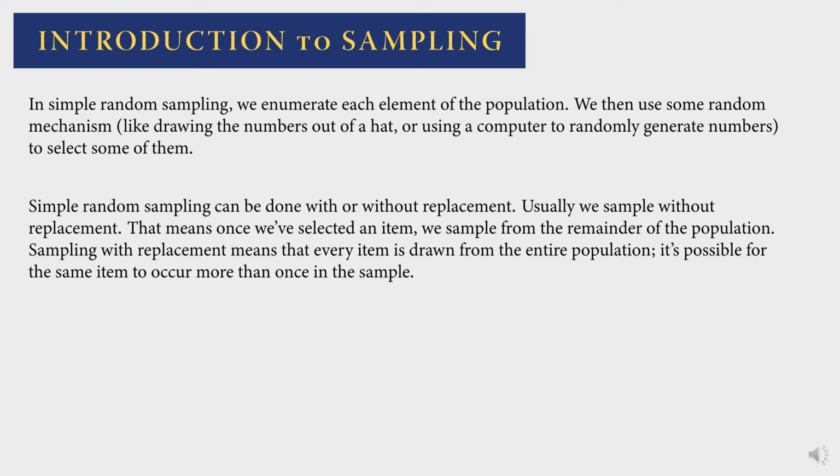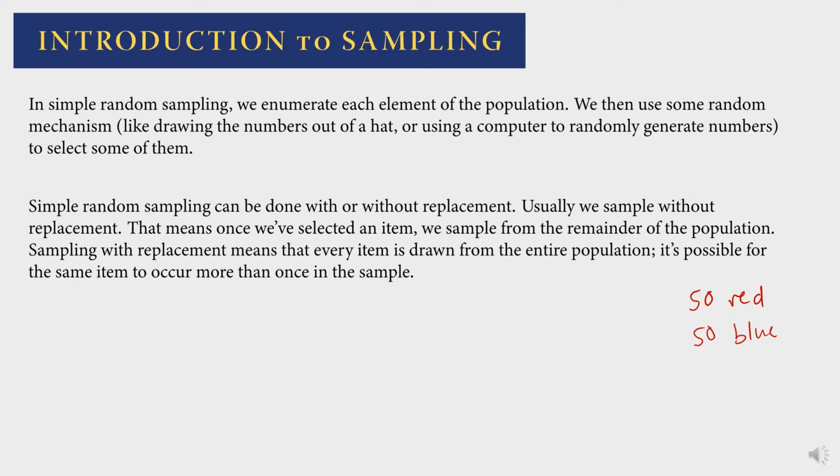Sampling is done either with replacement or without replacement. Think of sampling marbles from a bag. Maybe you have a bag of 100 marbles, 50 red and 50 blue. You shake up the bag and draw one out. It's red. Now, if you put that marble aside and draw another one, you're sampling without replacement.